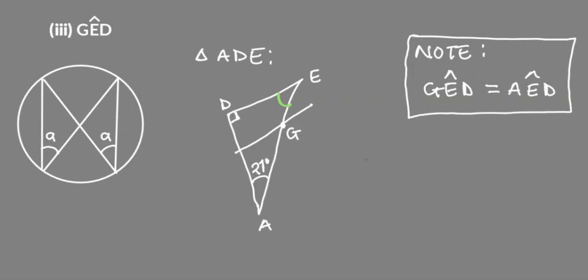So we can say the angles AED plus the angle EDA plus the angle DAE are going to give us 180. Then we make AED the subject.